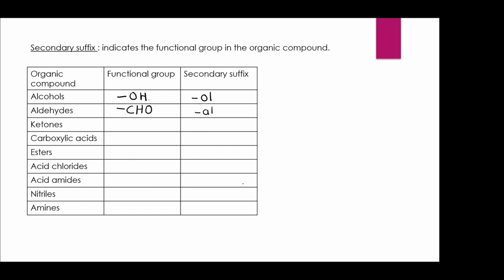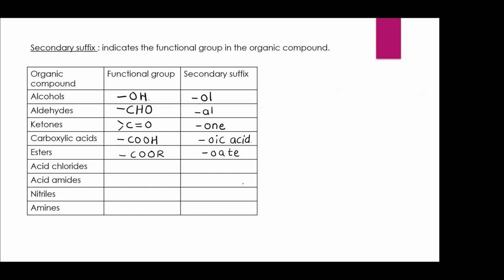The next is aldehyde. Functional group is CHO. Secondary suffix is al. Then ketone, C double bond O. Secondary suffix is one. Carboxylic acid, COOH is the functional group. Secondary suffix is oic acid. Esters, C double bond OOR.